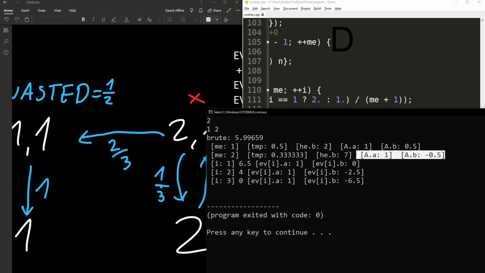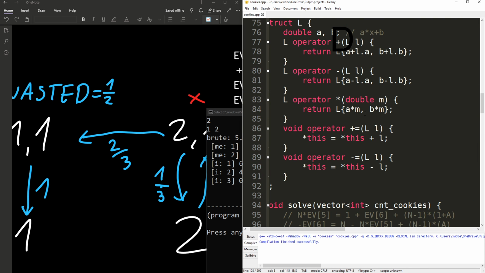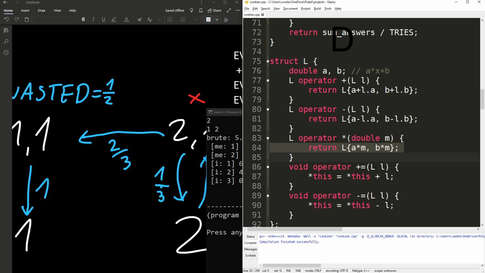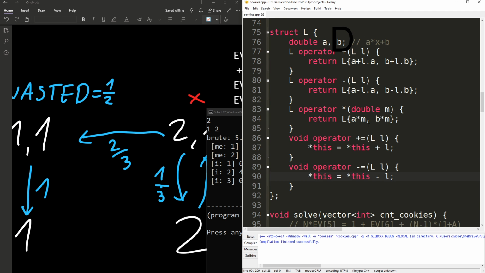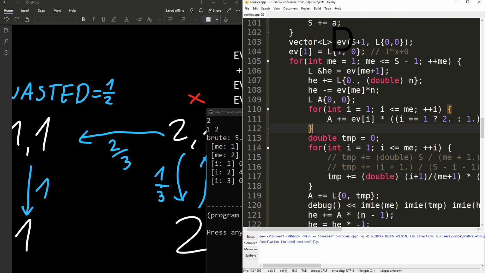Why isn't it? I will check quickly if everything is fine here. B minus B, A minus A, B minus B, A, B, adding, subtracting, yes. That's suspicious.